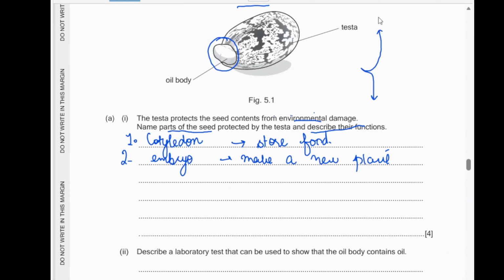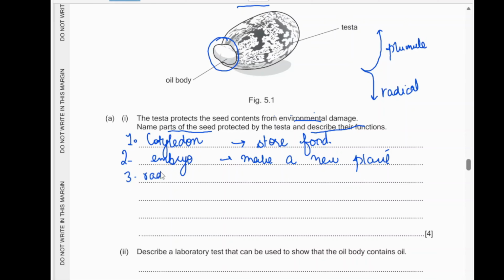The one which moves out is known as the plumule, and the one which moves down is called the radicle. We say the radicle would form roots. R for radicle, R for roots. And the plumule would grow into the shoot.